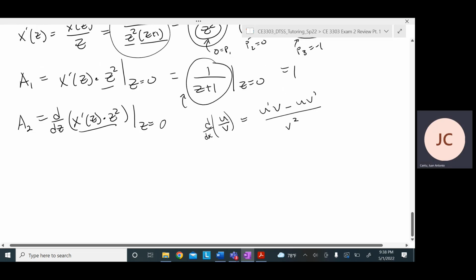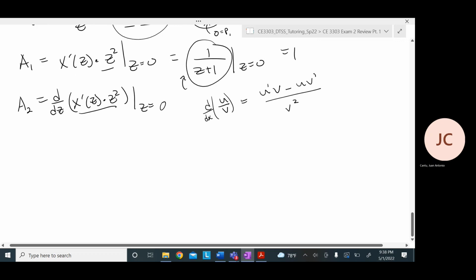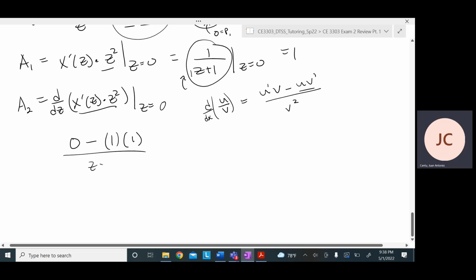The derivative of a constant is just 0. So we'll just have 0 there. Minus u times v prime, so that's 1 times 1 over z plus 1 squared.